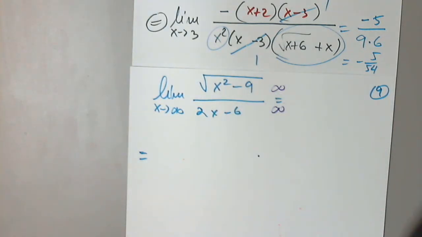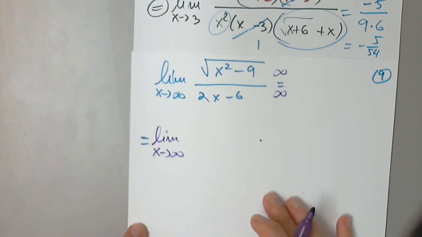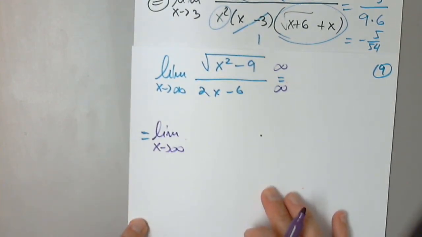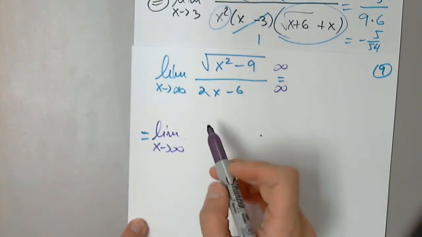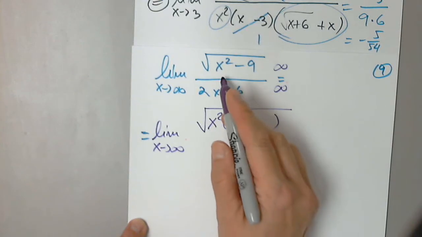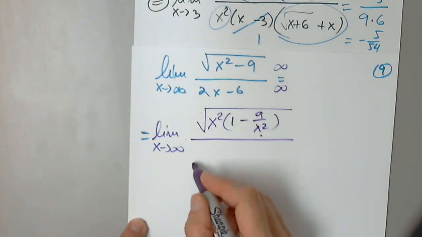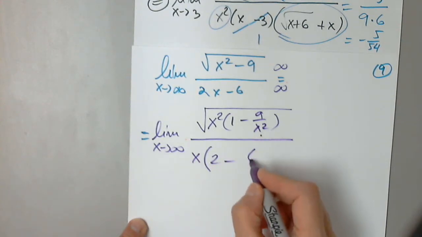This is just one term, if you want. I shouldn't call it a term because it's not a polynomial, but it's one quantity. Okay, so like we did before, we have to factor out the degree inside the radical. And I will also factor out the degree in the denominator.